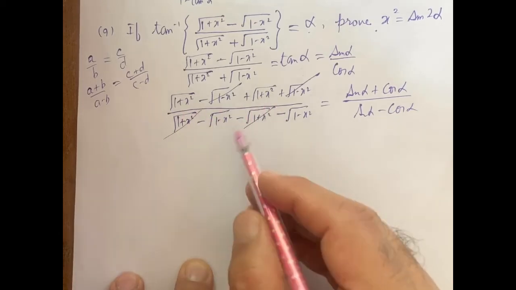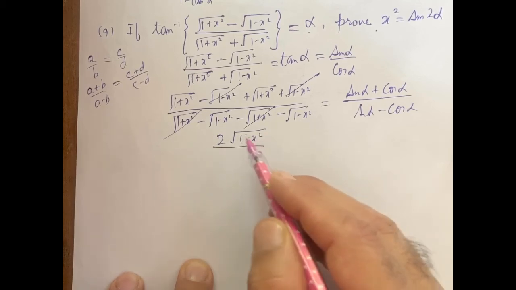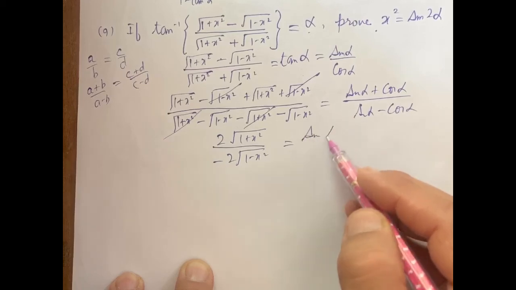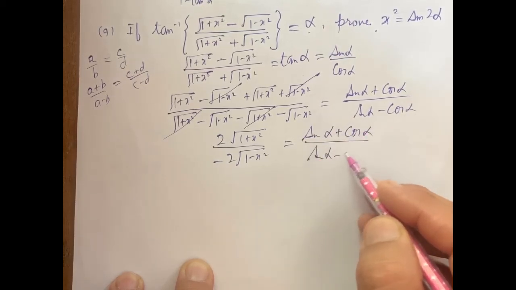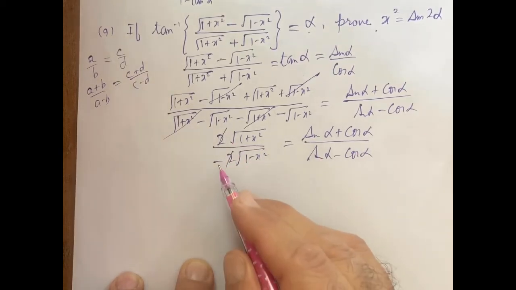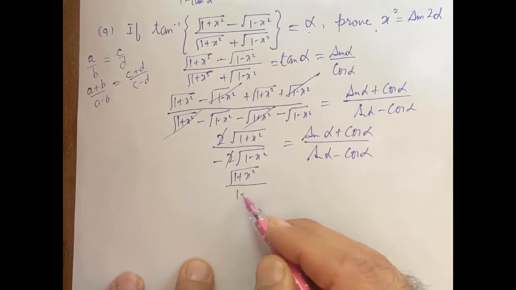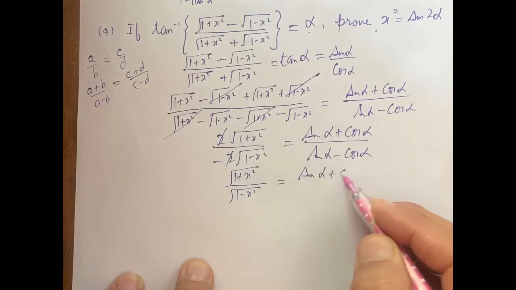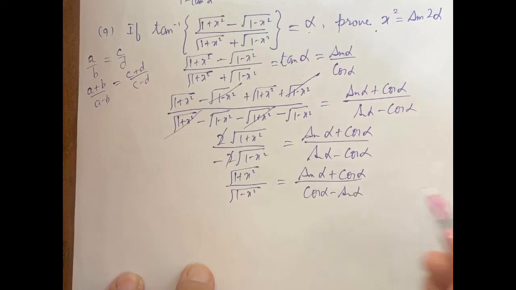We have 2 times root of 1 plus x square, and this is minus 2 times root of 1 minus x square. Cancel out 2. Shift this negative term to this side. Root of 1 plus x square upon root of 1 minus x square is sin alpha plus cos alpha upon cos alpha minus sin alpha.